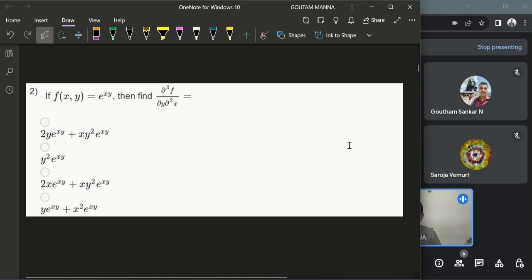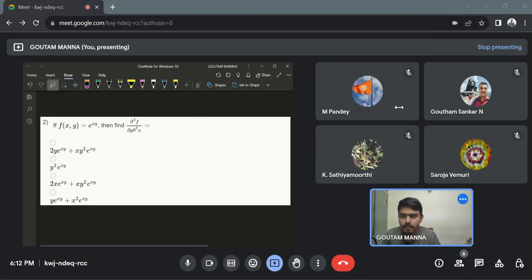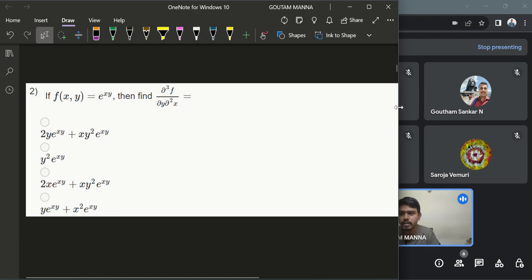So the next problem is, we're again given f of xy, a function of two variables x and y, and we are asked to find del 3f by del y del 2x.